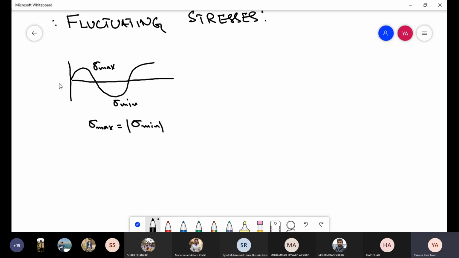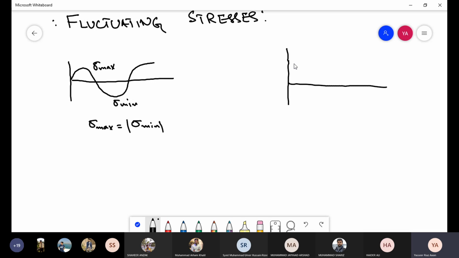So in a completely reversed load, the sigma max and sigma min magnitude were exactly equal, and their direction was opposite. So what is a fluctuating load? A fluctuating load is any load in which this is not the case.